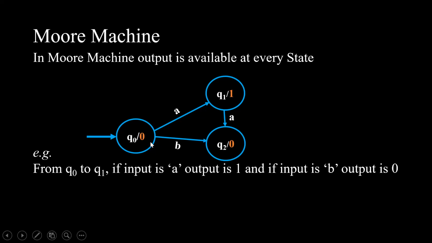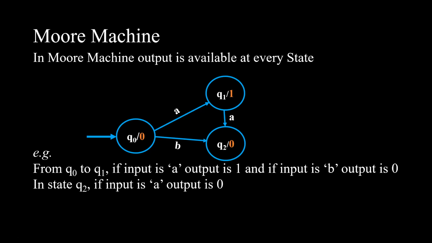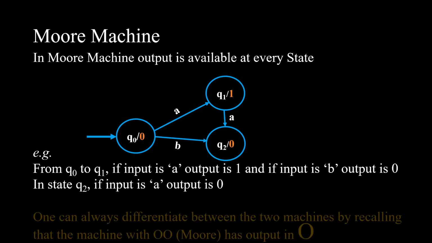If I am at Q0 state and I have an input B, the output will be 0, because there is a transition from Q0 to Q2 on B, and when we move to Q2, the output which we will get is corresponding to where we reached. So output will be 0. Likewise, in state Q2, if we have an input A, then the output which will be generated is 0.